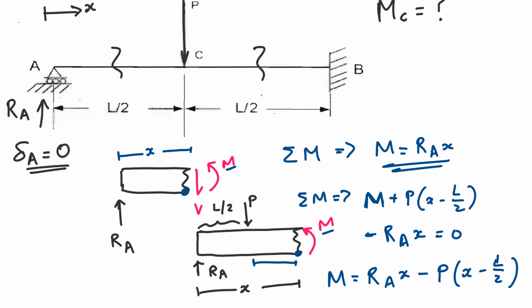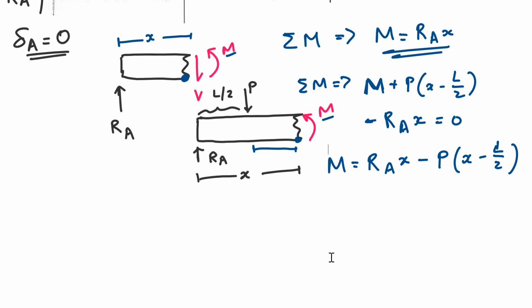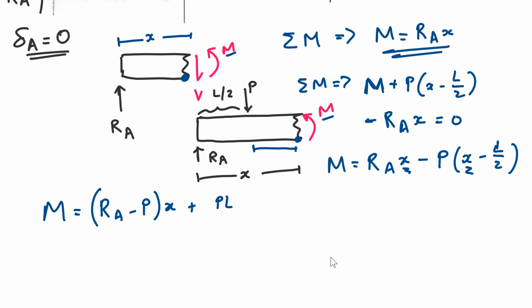And you know what? One more step. Let me scroll down. I'm just going to rewrite this. I'm going to say that M is equal to, because you see there's an x here and there's an x here, so why not just group them together? So it's just going to be RA minus P times x plus PL over 2.